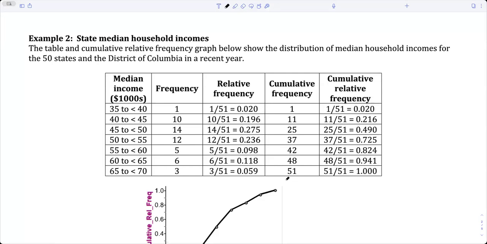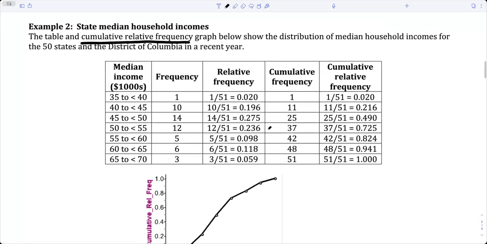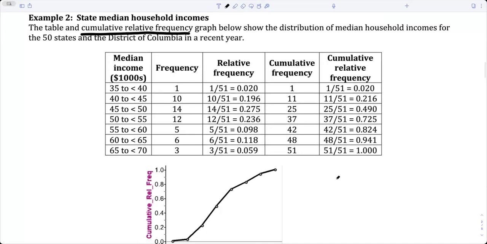Okay, so here we have what's called a cumulative relative frequency graph. The table and cumulative relative frequency graph below shows the distribution of the median household incomes for the 50 states and the District of Columbia in a recent year. Okay, so there's two different tables here. So the first one is a frequency table.